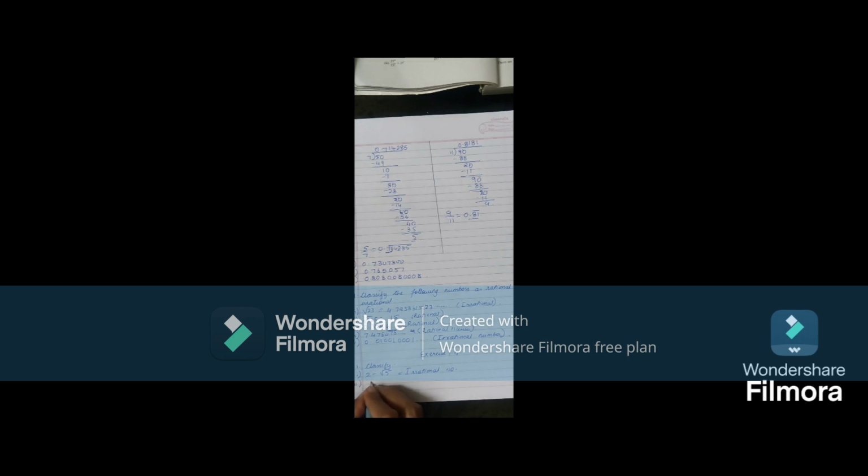Second, 3 plus root 23 minus root 23. So if I open the brackets, this plus root 23 minus root 23 gets cancelled and I get 3. 3 is a rational number. Right?